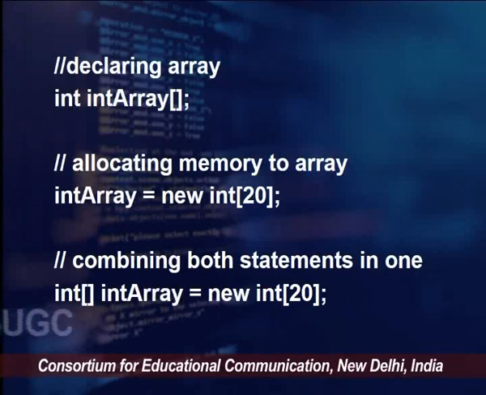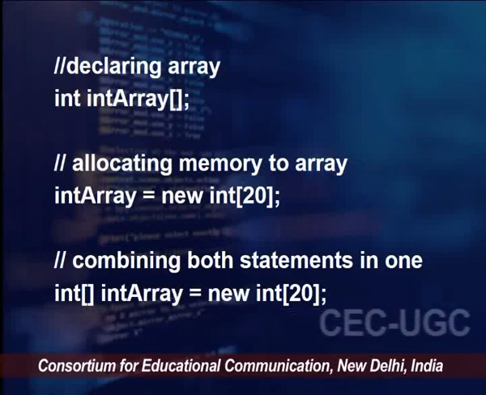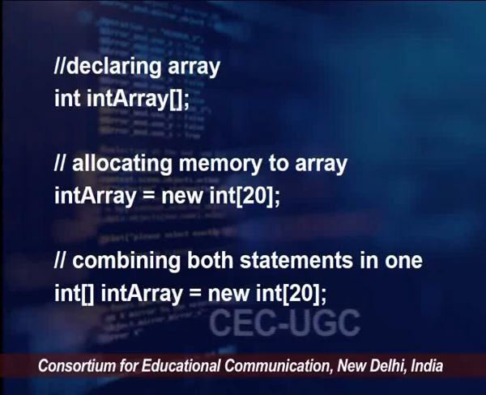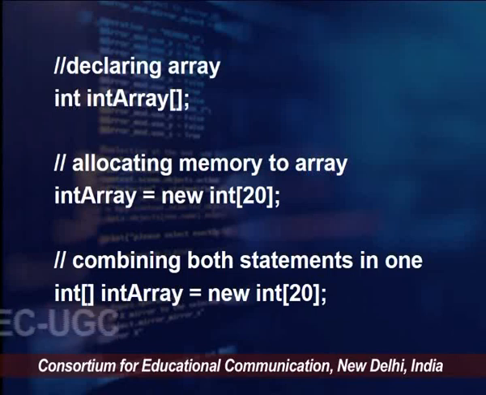We have taken two different statements, one for the declaration of the array and another one for the allocation of memory to that array. We can combine both the statements in one, and we can write int followed by bracket, the name of the array is equal to new int 20.